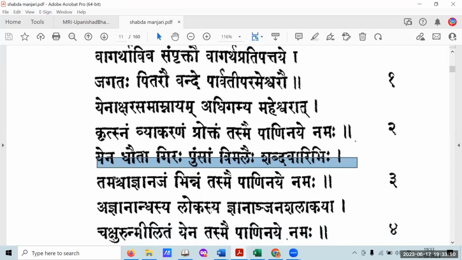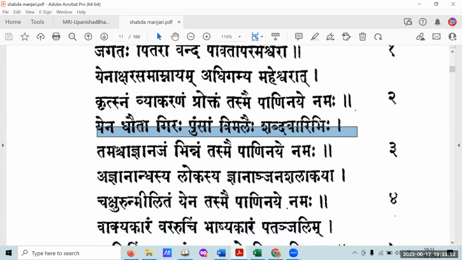Like this, you will find so many sentences. You see this: chakshuhu unmilitam yena. Unmilitam means what? Militam is closed, unmilitam is opened. The eyes are opened by whom? Unmilitam, karmani prayoga, kta pratyaya.